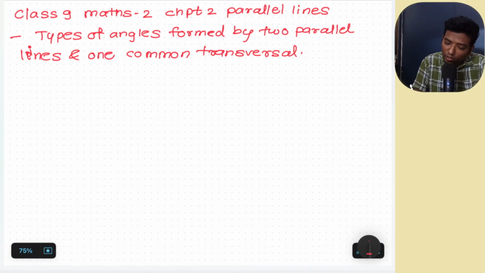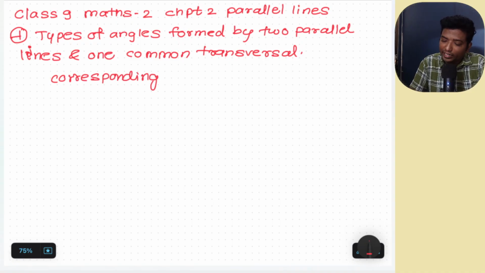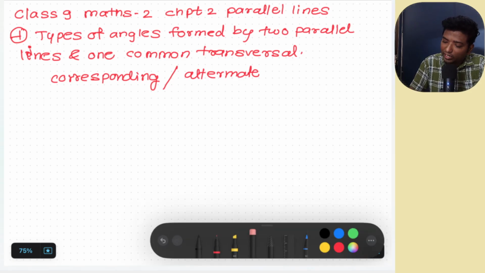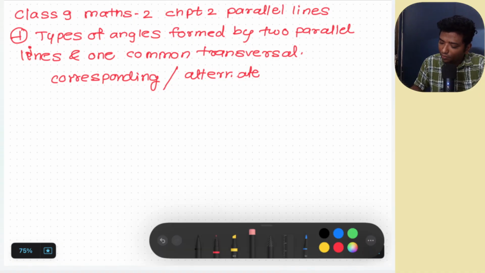So in this very first category, there are three types of angles. First is your corresponding. Second is your alternate. Within the alternate, there are again two types: interior alternate and exterior alternate.